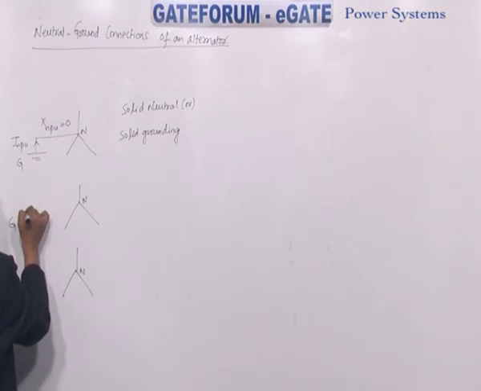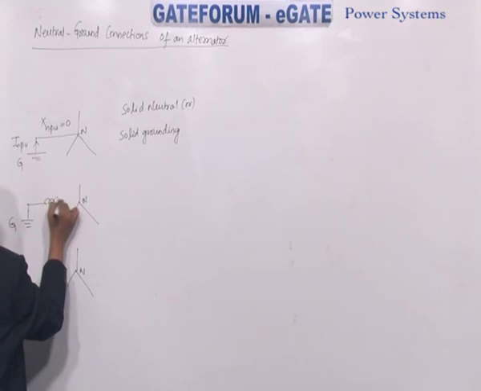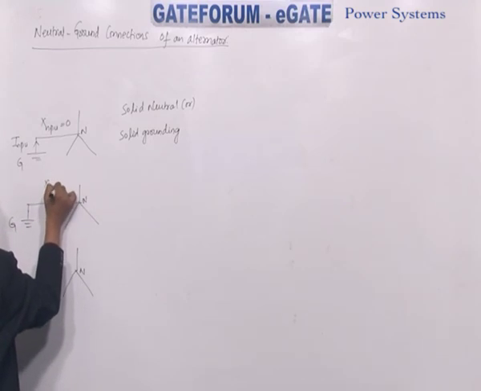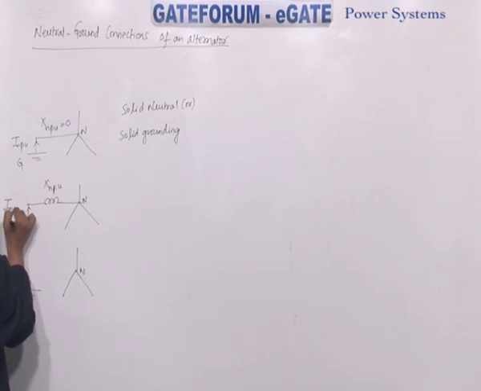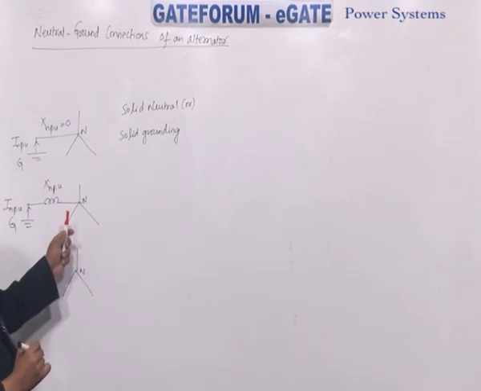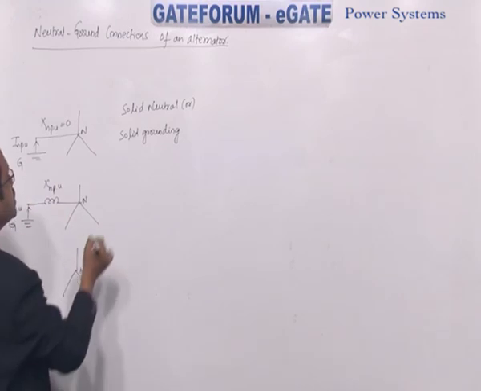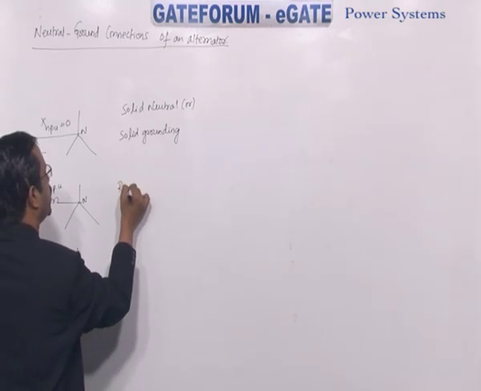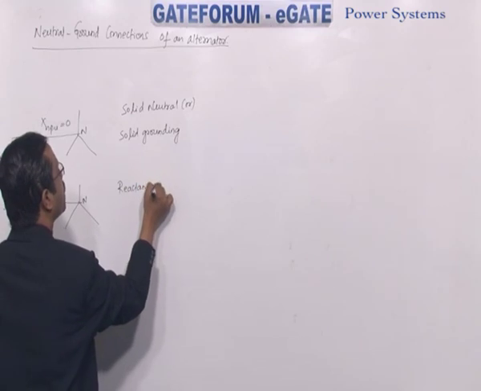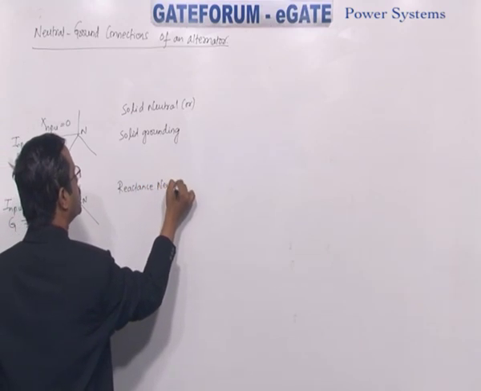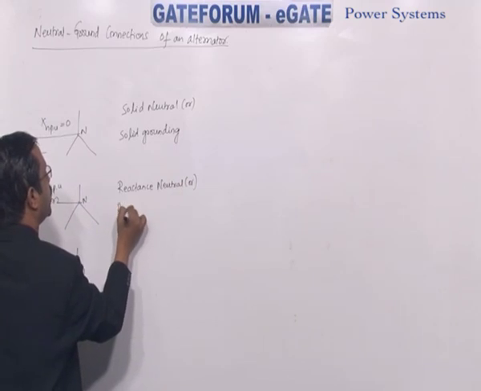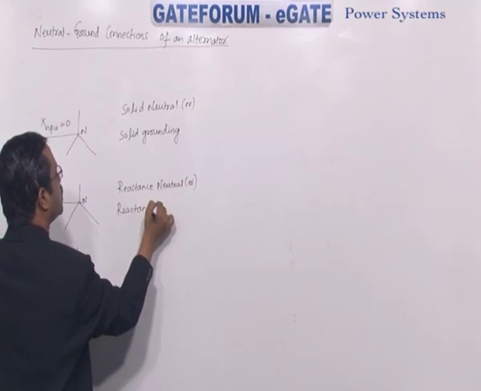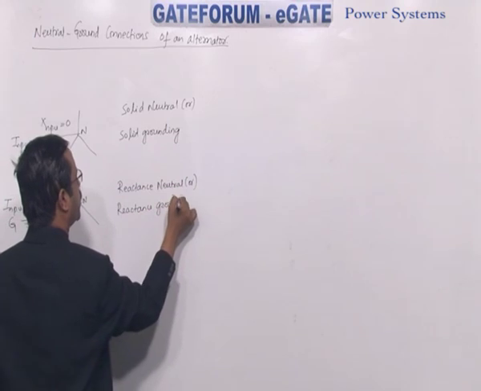And now further you connect the neutral and ground by means of a reactance. Say the current flowing is IN per unit. As neutral and ground are connected by reactance, you name it as what? Reactance neutral, or you name it as reactance grounding.